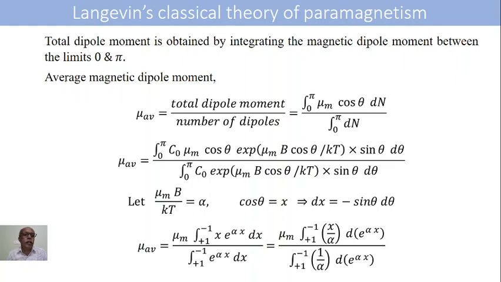Now, the average dipole moment is obtained by integrating the magnetic dipole moment between the two limits, 0 and pi. The average magnetic dipole moment is given by the ratio of the total dipole moment to the number of dipoles present, and that will be equal to the integral of mu m cos theta dN, which gives the total magnetic dipole moment, divided by the number of dipoles, given by the integral from 0 to pi of dN.